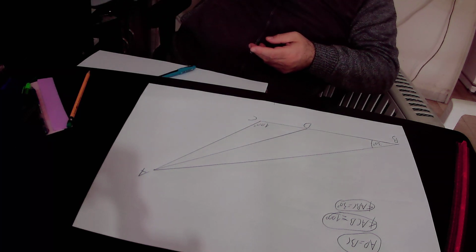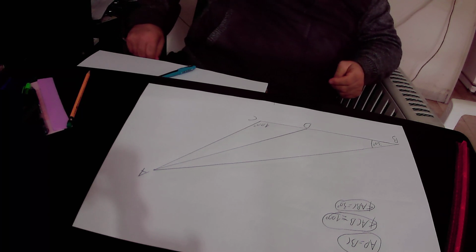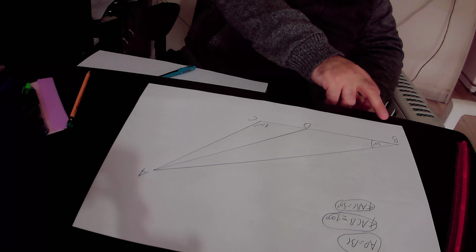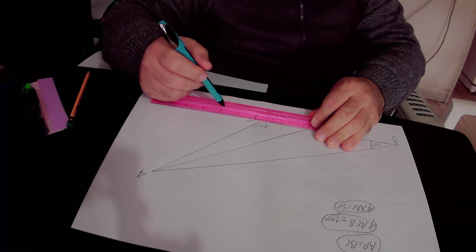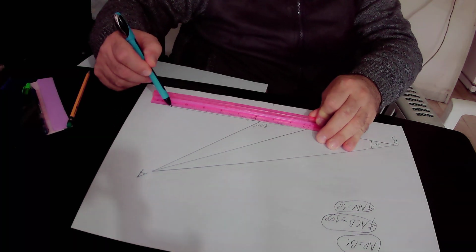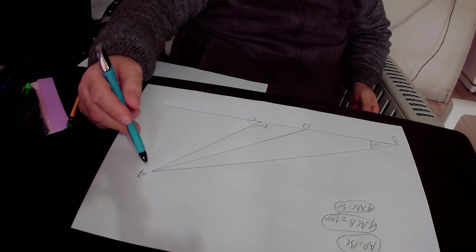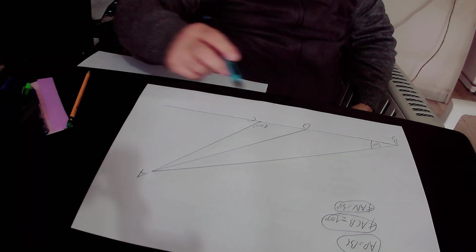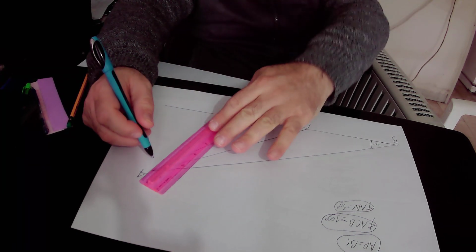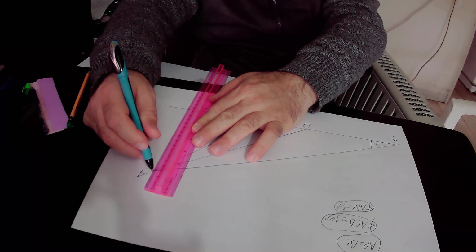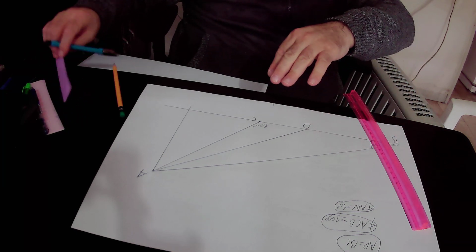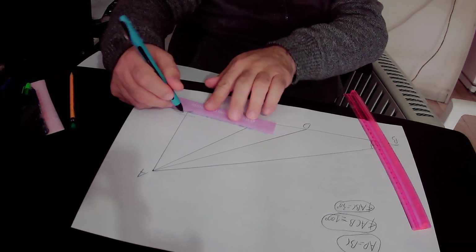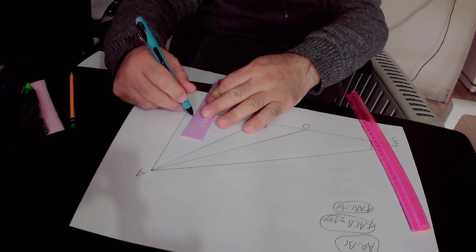In the second method, we will extend side BC by a straight line, and then from point A we will draw a perpendicular to the extended BC, so this angle is a right angle, it equals 90 degrees, and this angle is also a right angle.